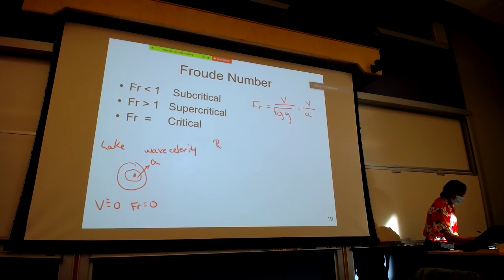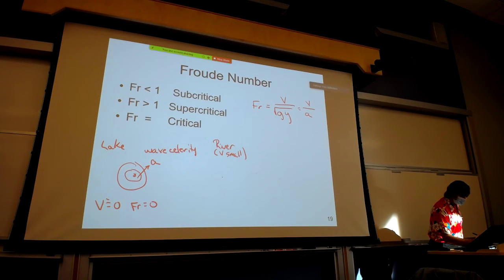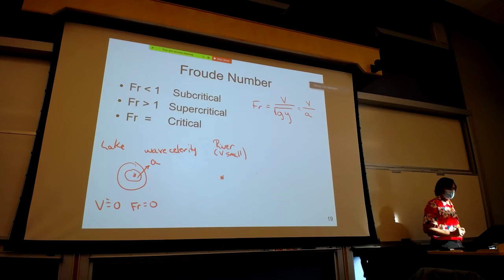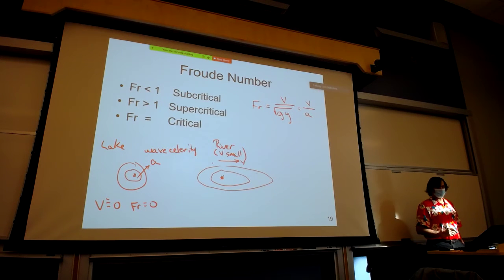In a river, where you have velocities, but they're not really high, so you have a small velocity, if you threw the fluid mechanics book in here, and the velocity was left to right, what you would see is a distortion of those curves.